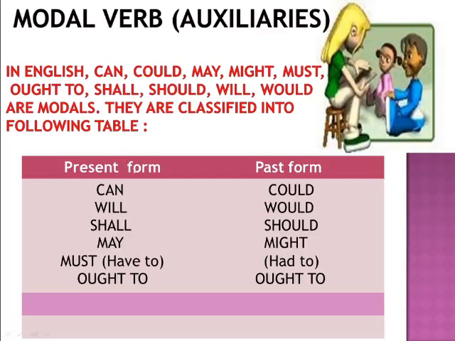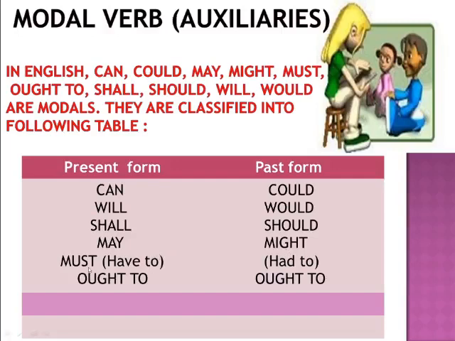The present form of some modal verbs and their past forms are also given here. Can is the present form, and could can be used as the past form of can. Will changes to would. Shall, should, may, might, must, have to.